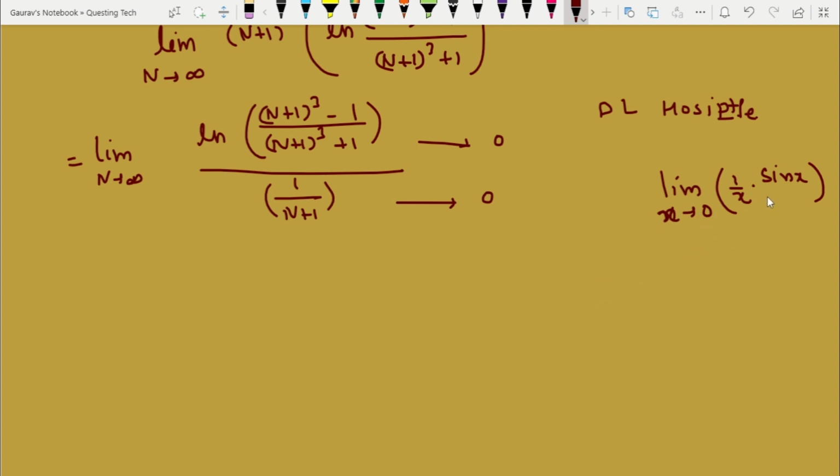This is of the form where the upper part is 0 and the lower part is 0. So we can differentiate both the upper and lower part with respect to the limiting quantity, which here is x. Differentiating sin x, the upper part is cos x and the lower part is 1, with limit x tending to 0. When we put 0, cos 0 is 1, so this limit comes out to be 1. And the same thing we are going to do here.